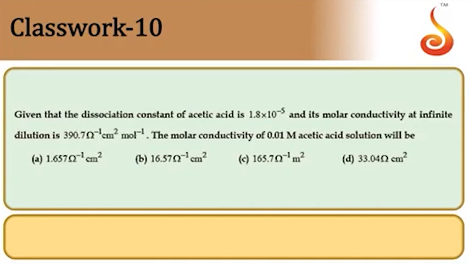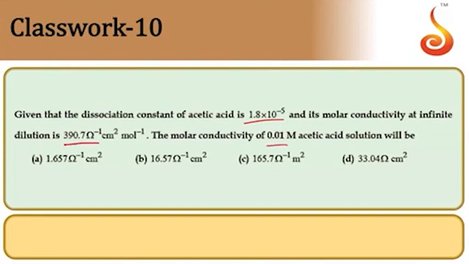Next one. Given the dissociation constant Ka of acetic acid, and its molar conductivity at infinite dilution is 390.7 ohm inverse centimeter square per mole. The molar conductivity of 0.01 molar acetic acid solution will be?